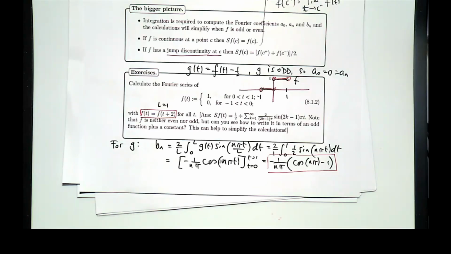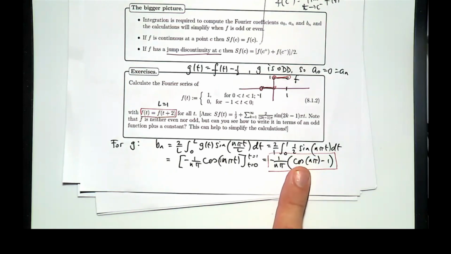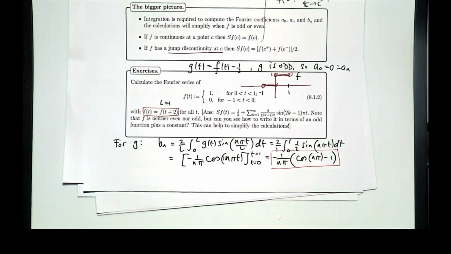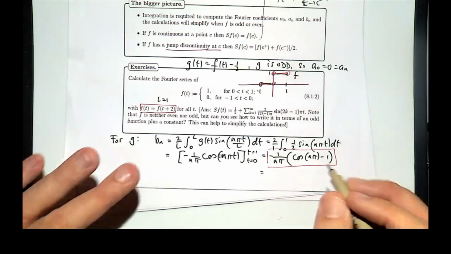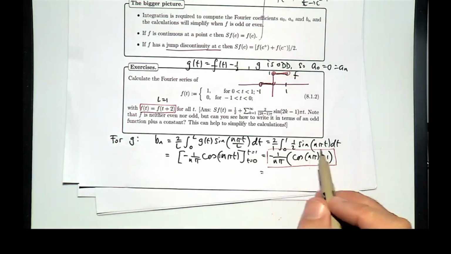Any ideas? We just did this in a previous example. Come on, people. It's either going to be positive 1 or negative 1. If this is positive 1, the whole thing's 0. If this is negative 1, I'm going to get negative 2.